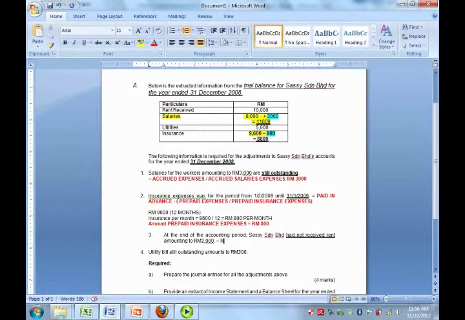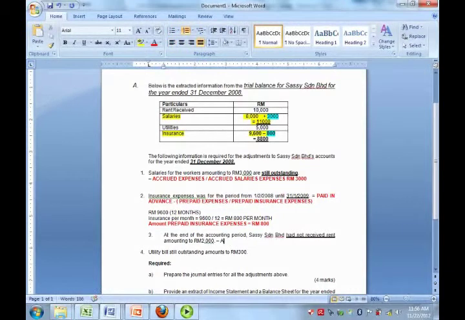Based on your trial balance, class, as you can see, your rent received is 10,000. Is that the amount, class? No, because referring to additional information number 3, you still have not received another 2,000.